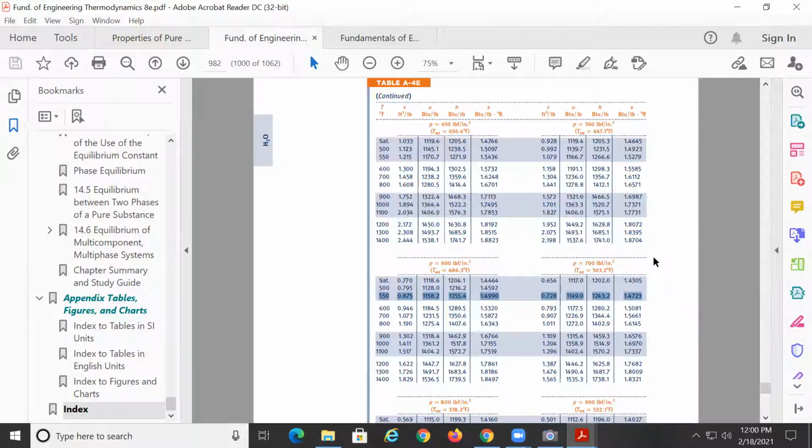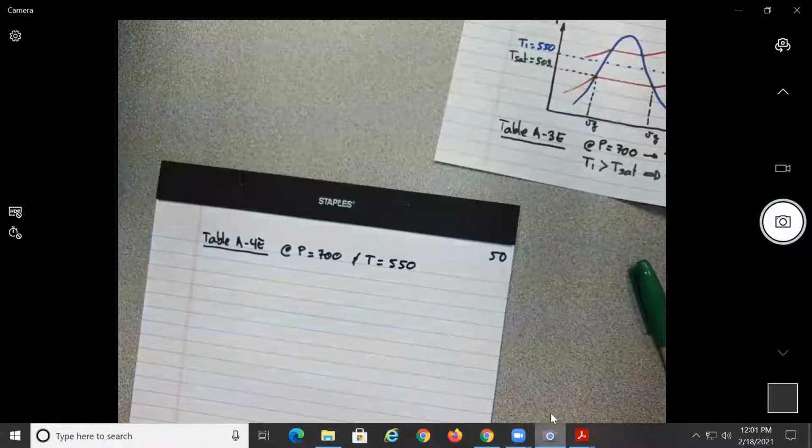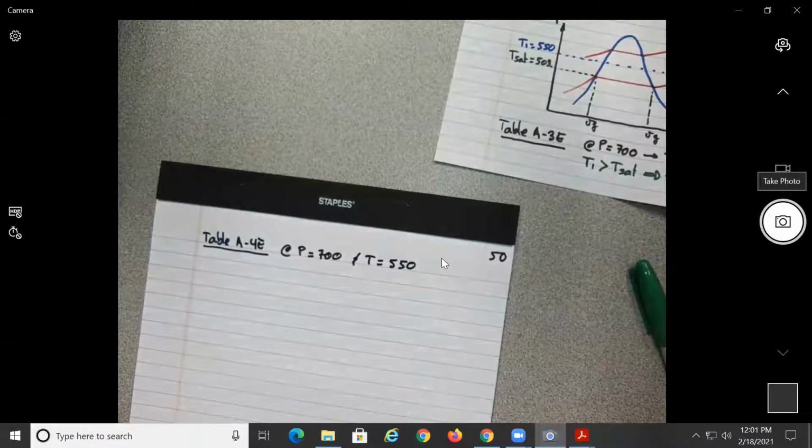So I can go here to my document and write down table A4E at P equal 700 and T equal 550. This is the thing I wrote over here. At P equals 700 and T equal 550 from table A4E.